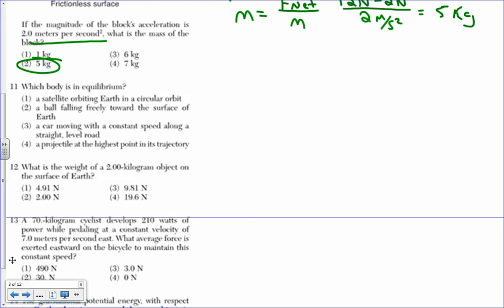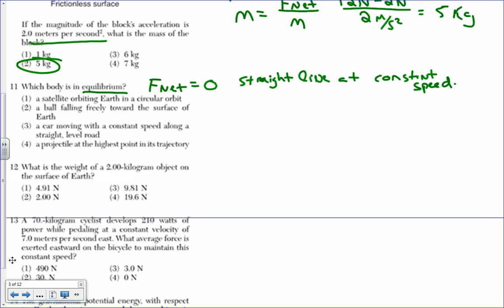The next one is which body is in equilibrium. So with equilibrium, the F net must be equal to 0. So that means that it must be going in a straight line at constant speed, aka a constant velocity. Okay, the straight line part.